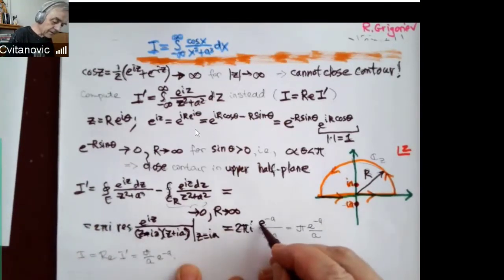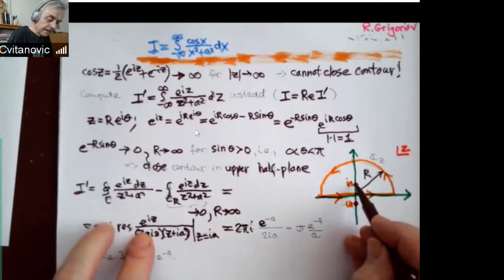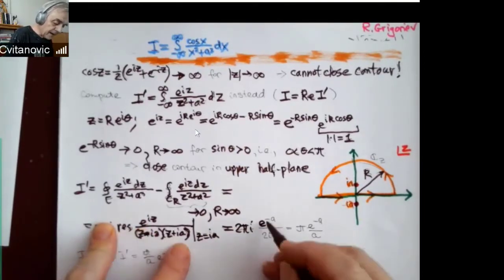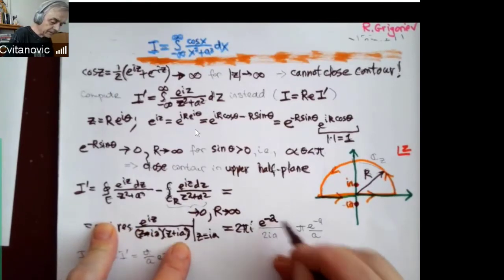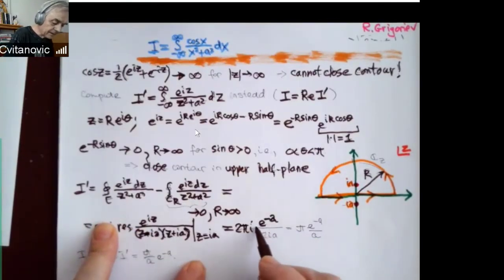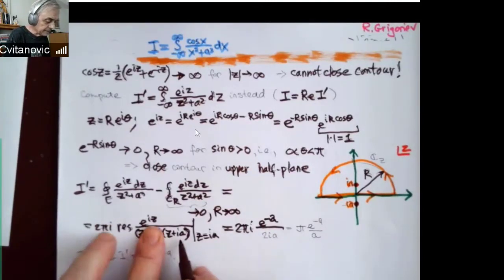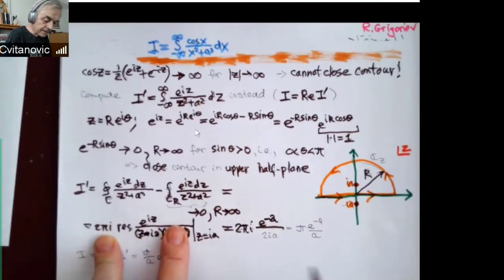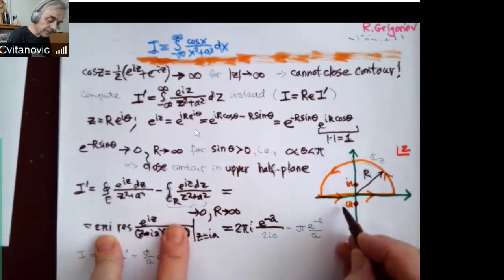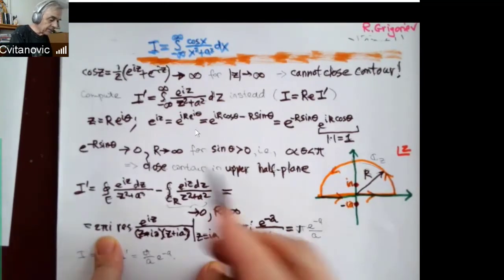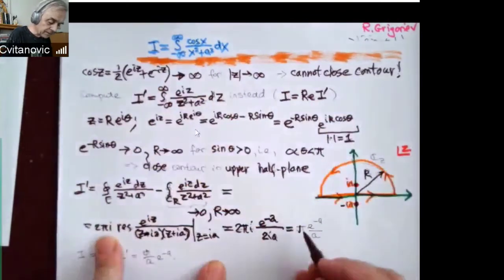Upstairs, we just put z equals ia. i squared is minus one, so we get an exponential up here. And downstairs, we just have to add ia and minus ia, minus, because this is minus, I get this 2 times 2a. The i's cancel. That's good, because this was a real quantity we were computing.